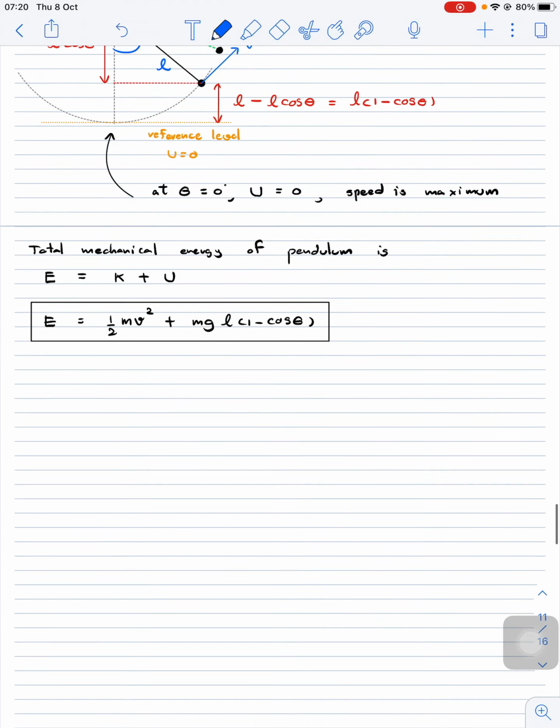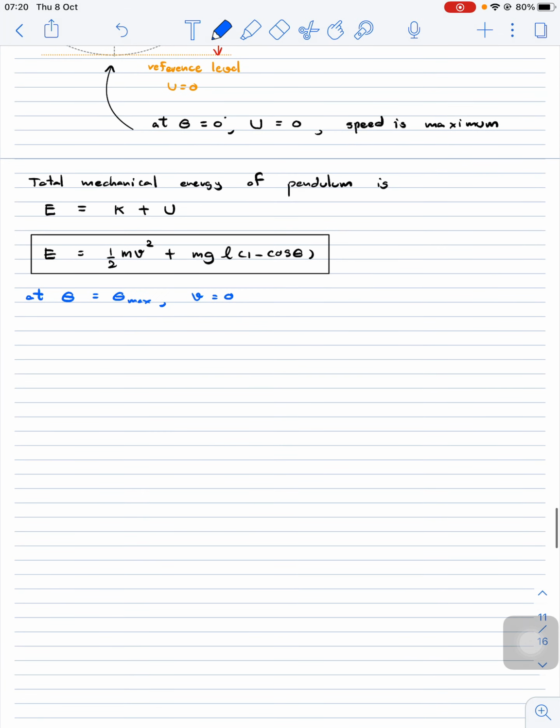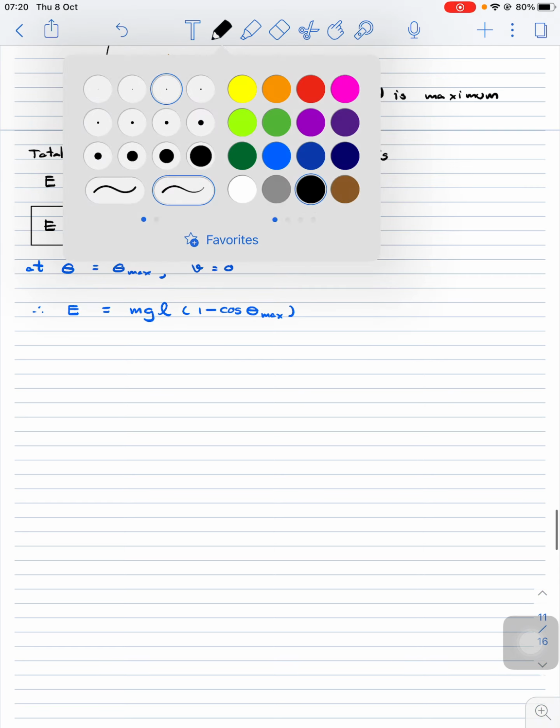So in this case, let's try. We see that when theta equals theta max, we have v equal to 0, and then we have E equal to mg times L times 1 minus cosine theta max, and that's it.